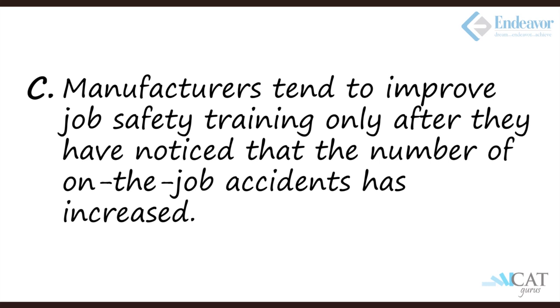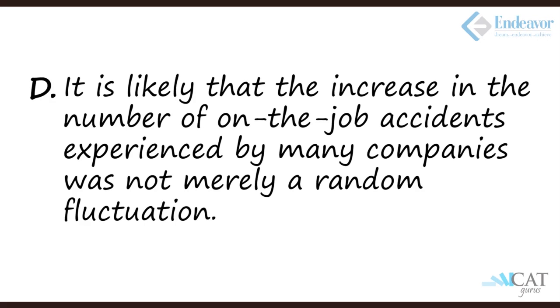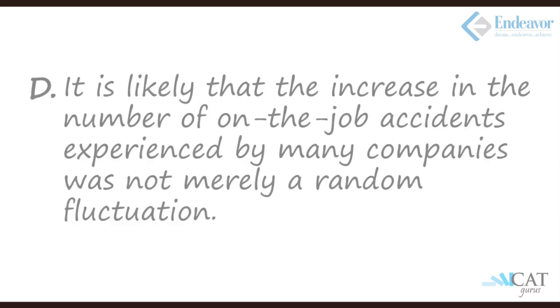Option C, manufacturers tend to improve job safety training only after they've noticed that the number of job accidents has increased, does not give us a conclusive note. Out. Option D, it is likely that the increase in the number of on-the-job accidents experienced by many companies was not merely a random fluctuation. This is saying there is no correlation, will not help us resolve the paradox.